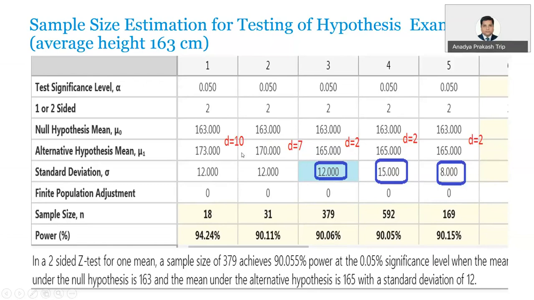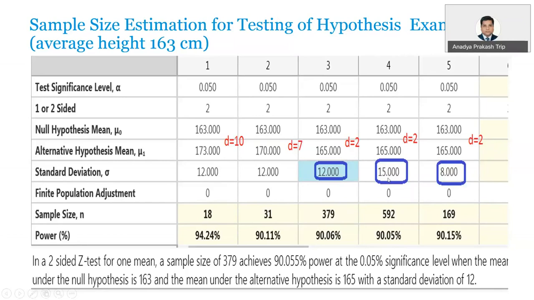So if the allowable difference is more, we need a lesser sample size. If the allowable difference is less, we need a bigger sample size. Now let's fix the allowable difference at 2 and 2.